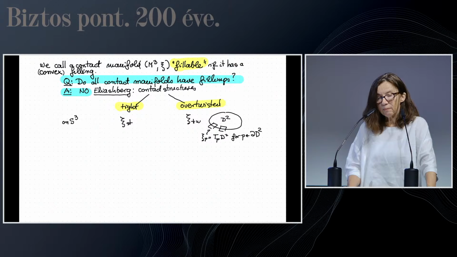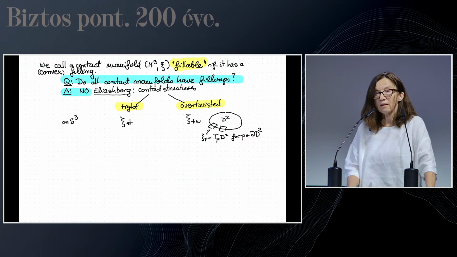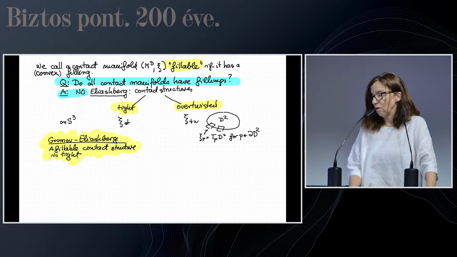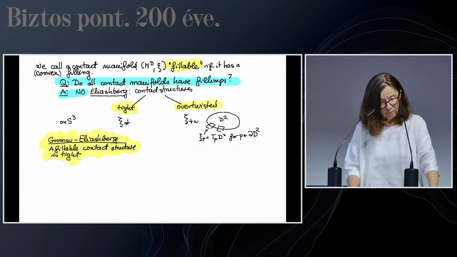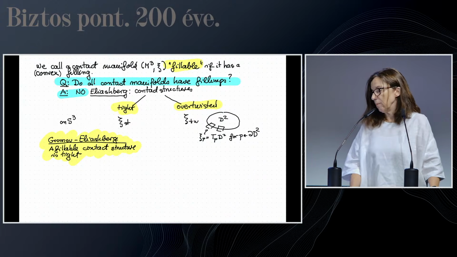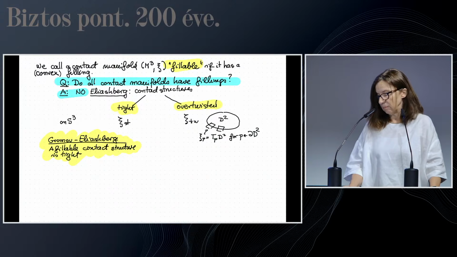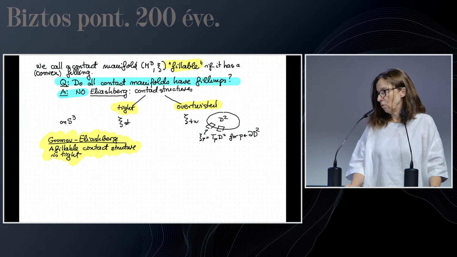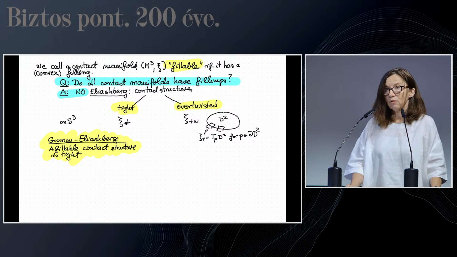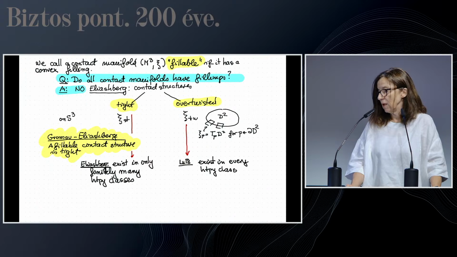And what Bennequin basically proved was that the standard contact structure on R³ was tight, and therefore the two were not the same contact structure. So Gromov and Eliashberg, using pseudo-holomorphic curves, proved that any fillable contact structure is tight. So any overtwisted contact structure cannot be a boundary of a symplectic manifold.